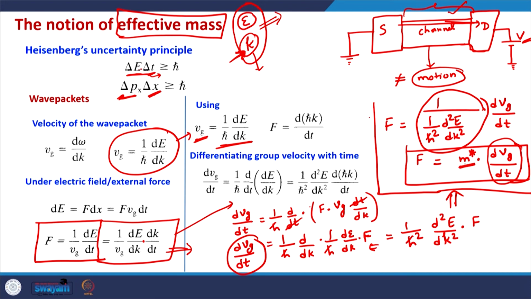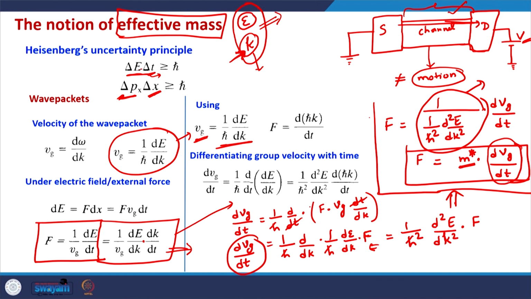We do not call it the mass of the electron, it is a modified mass, and this is known as the effective mass of the electron, and it is defined as 1 by h bar square d2E by dk square, inverted.